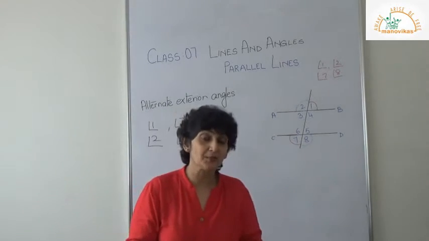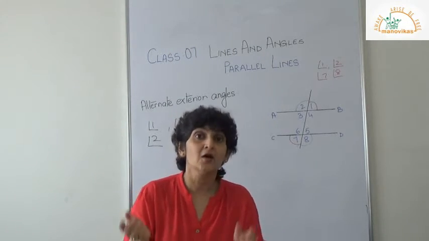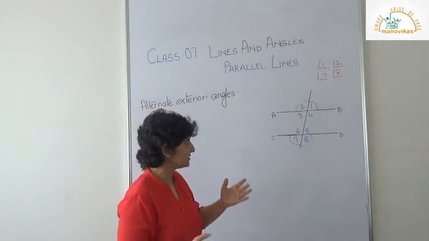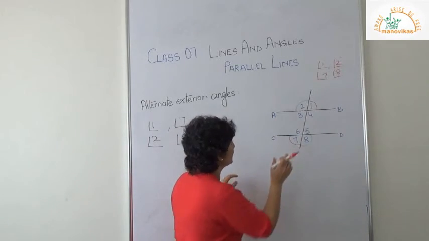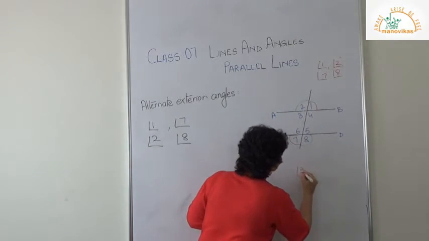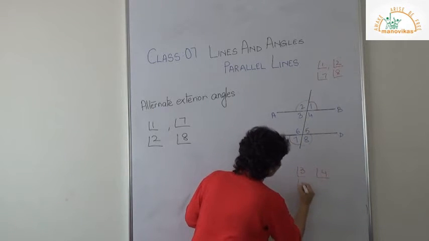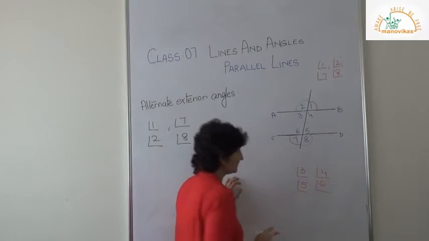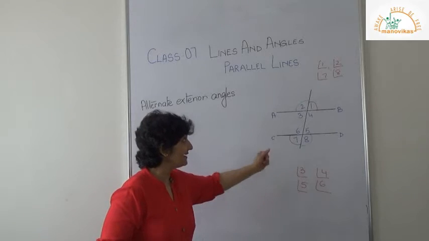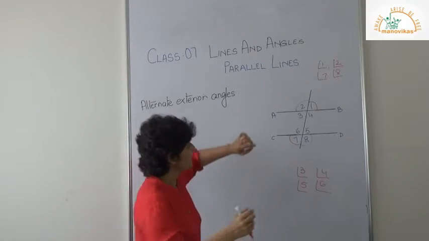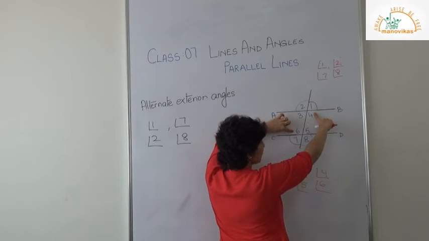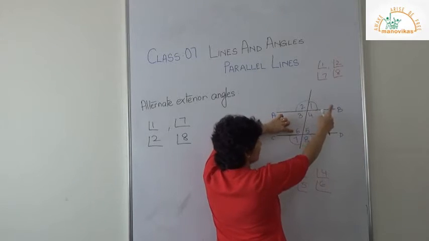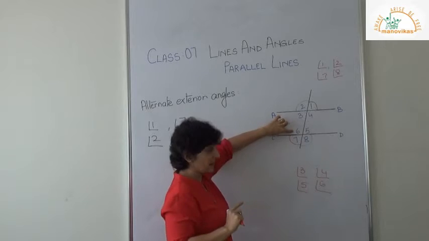So let's just brush up alternate interior and alternate exterior angles. Interior, inside. The interior angles are angle 3, angle 4, angle 5 and angle 6. Alternate interior: angle 4 and angle 6, the Z shape, remember.